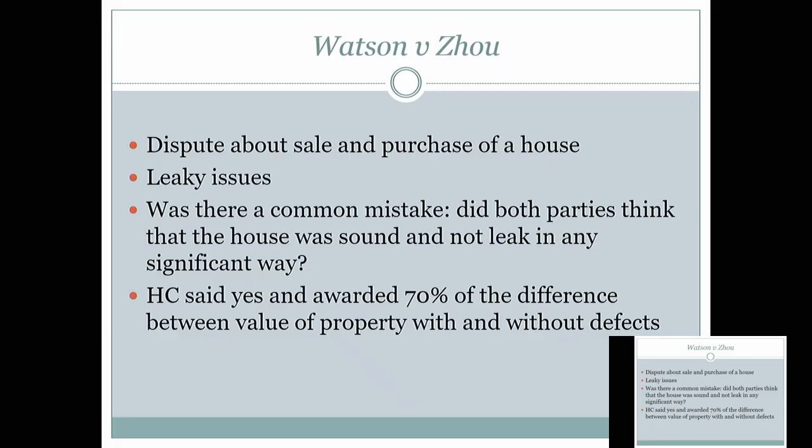And the reason the High Court didn't give 100% of the difference was that it held that at least some of the cause of the mistake was due to the purchaser's own fault, that the purchaser should have been more onto it, should have got their own building report or inspection, etc. So it was partly the purchaser's fault, so we're going to reduce the amount of damages they can get by 30%. The vendors appealed to the Court of Appeal.